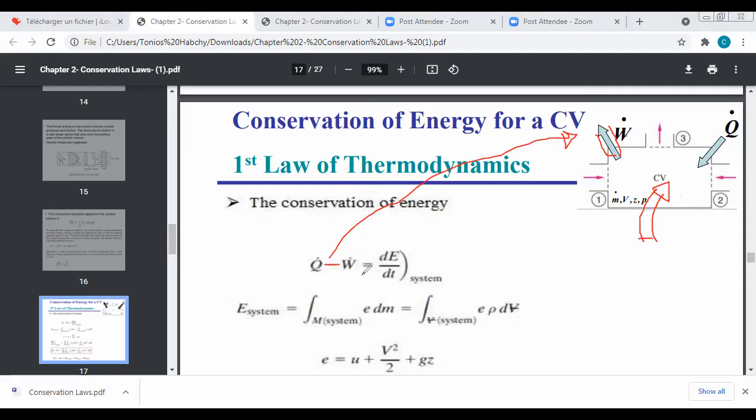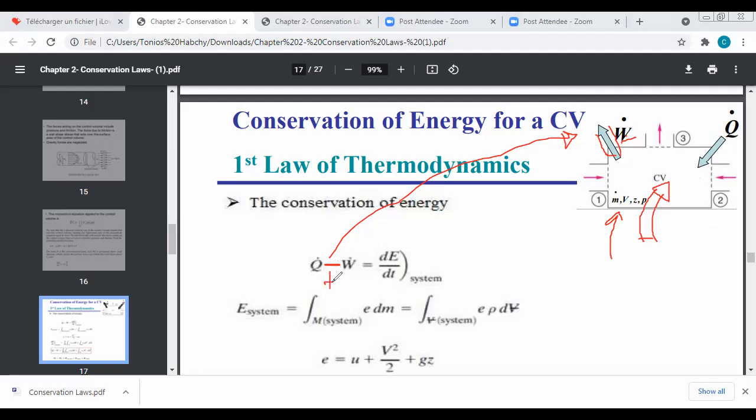The important thing is that you understand which convention you are using. If you consider that when the system is producing work it is positive, and when I put work on it it is negative, then you should put the negative sign. However, if you say that everything entering the system is positive and everything leaving is negative, then you put the plus sign.